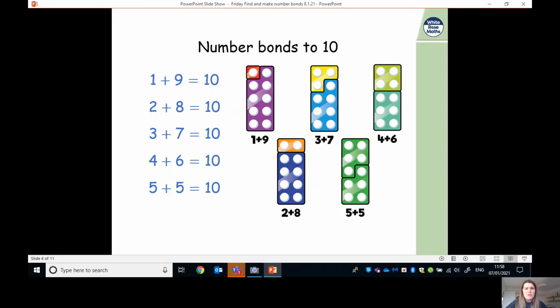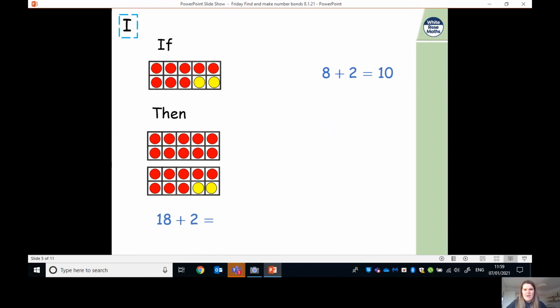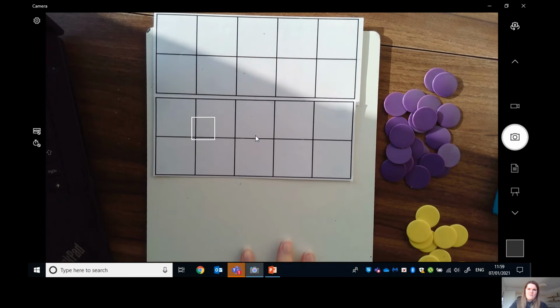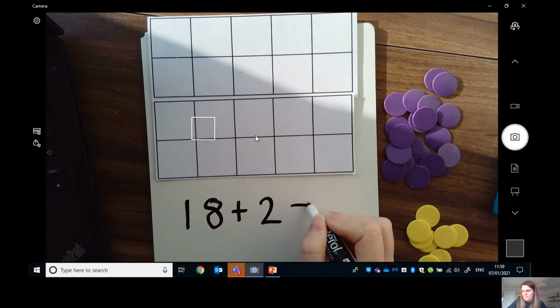Fantastic. So our number bonds to 10 are really going to help us today. Okay, they're really going to help us with finding 20. So I know if I've got 8 plus 2 is 10, I can figure out how to make 18 plus 2. Let me show you how. First off, I need to write my sum. 18 plus 2.